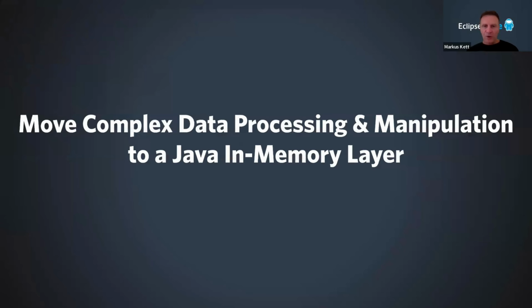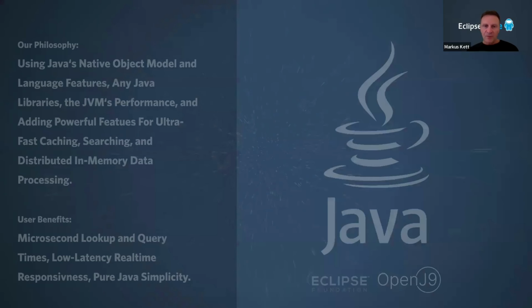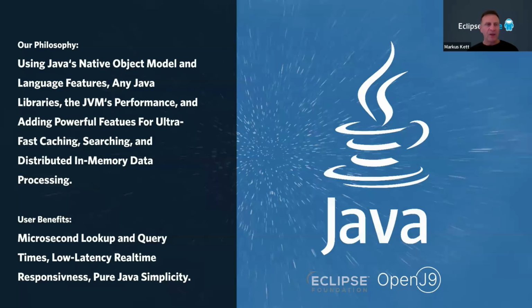So how should this work? With Java, we have a very powerful, not only language, we also have a powerful platform or runtime, and everything that is executed in Java in memory will be extremely fast. So we talk about microsecond access time, microsecond lookup time, microsecond query time.